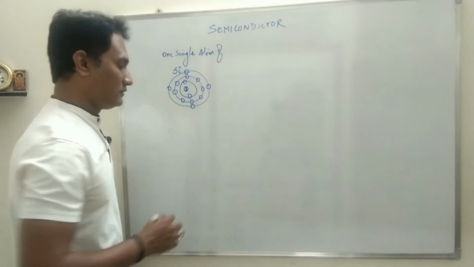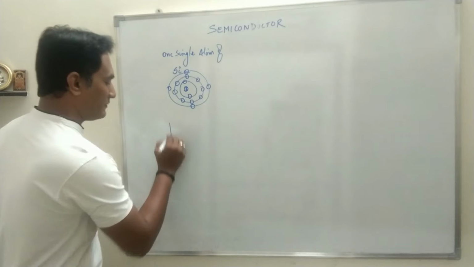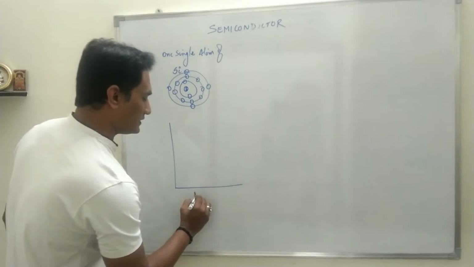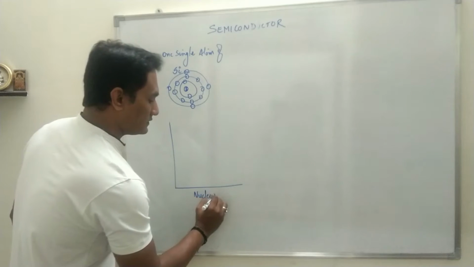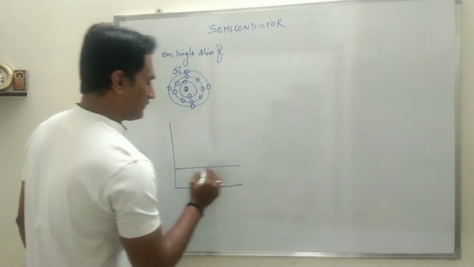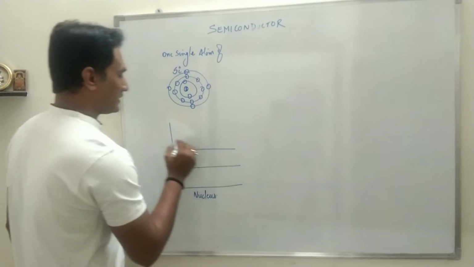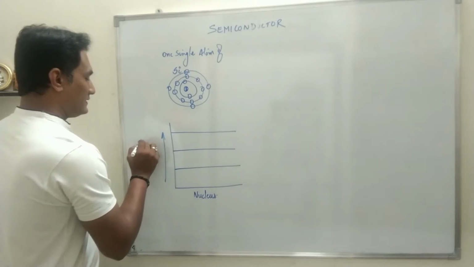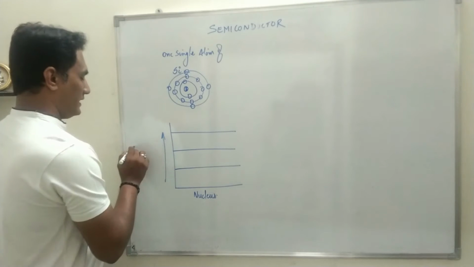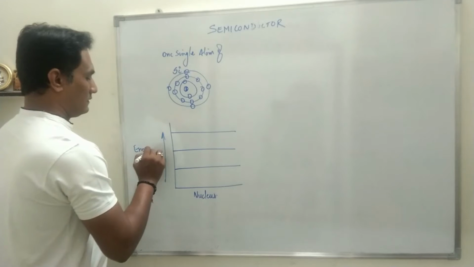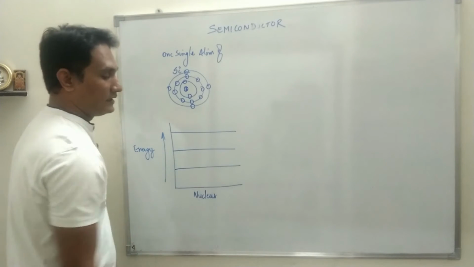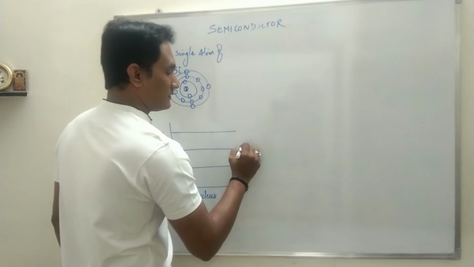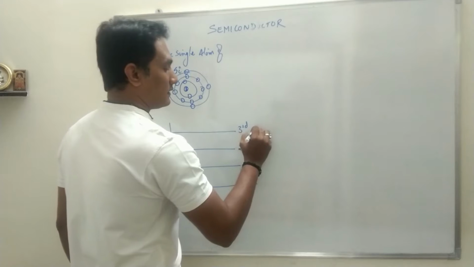When you draw the energy level diagram, this is the nucleus, this is the first orbit, this is the second orbit, this is the third orbit, and this is the energy associated with the electrons present in the first, second and third orbit.